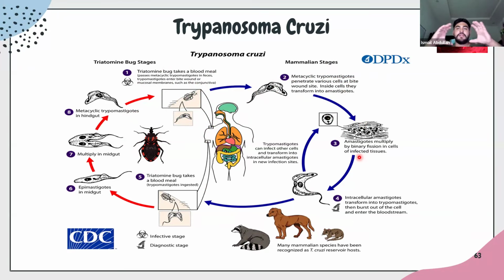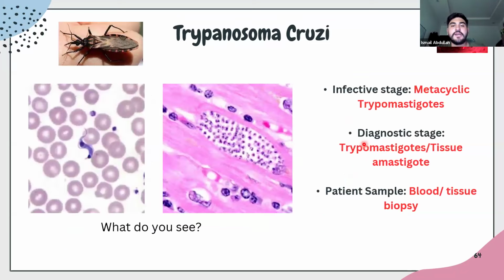fuse itself within multiple layers of an infected tissue, and it's going to look like a sandwich of amastigotes inside cells. This is very distinctive of Trypanosoma cruzi, and this is how it looks. Look, this is very important.